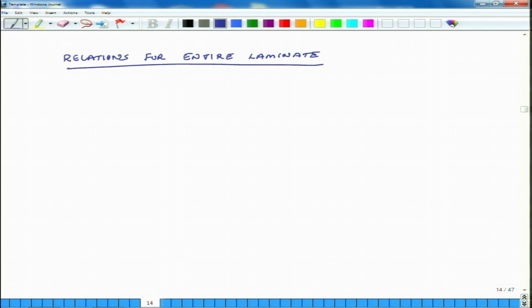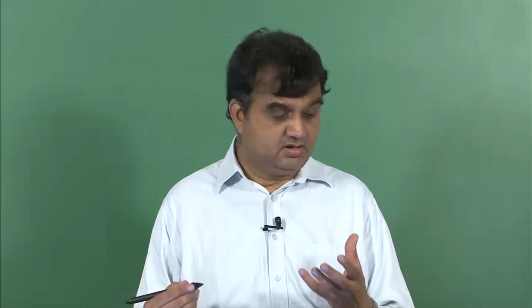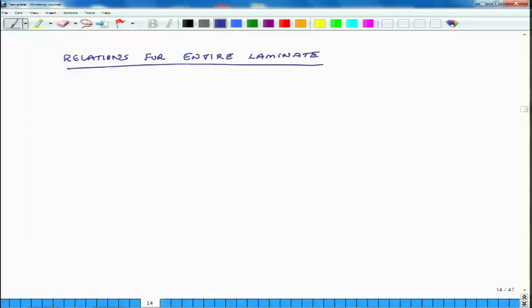So, what we will develop now is relations at the plate level, because so far we have just been talking about stress-strain relations at the level of a particular layer. Before we start developing this, we will introduce two terminologies.